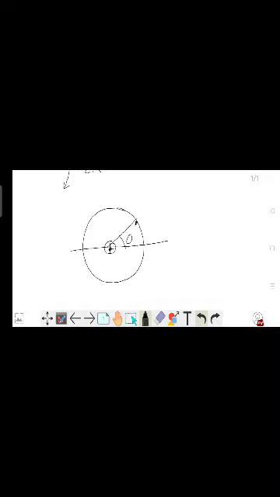It is known as theta, and this theta is known as the angle of rotation. After some time, when it changes its position, the angle of rotation changes.